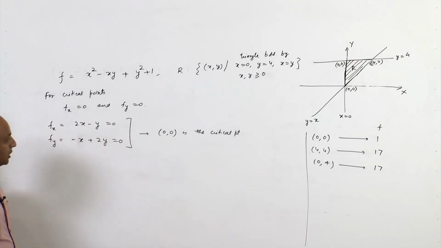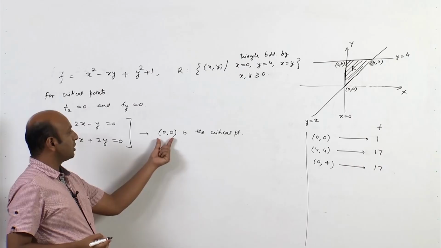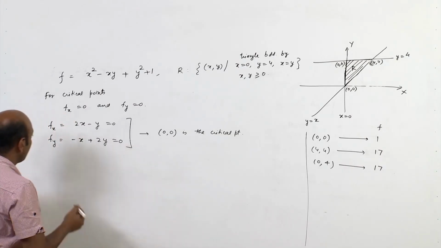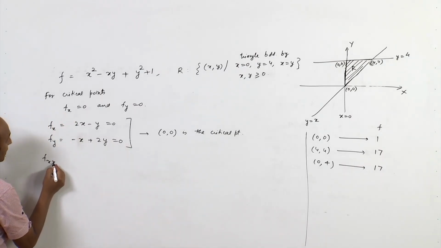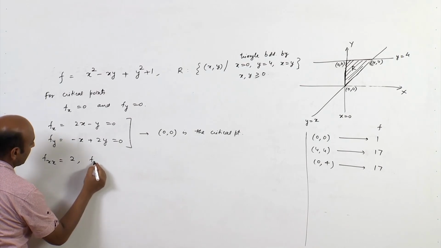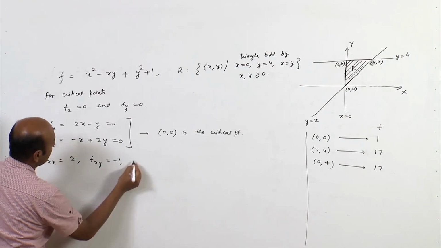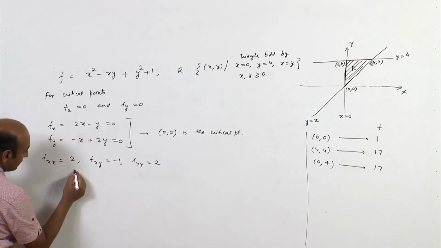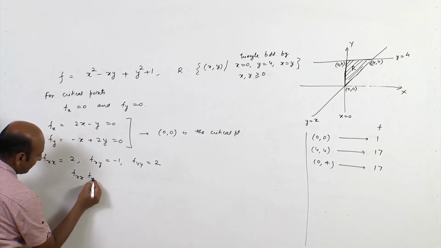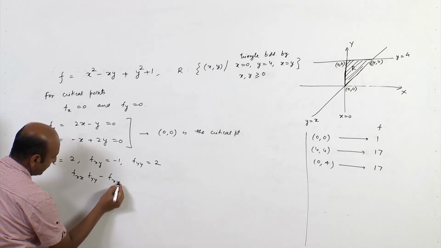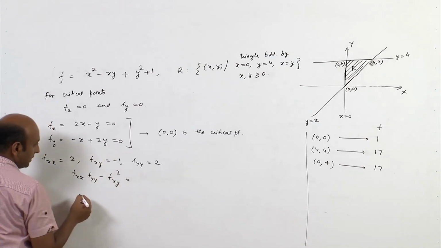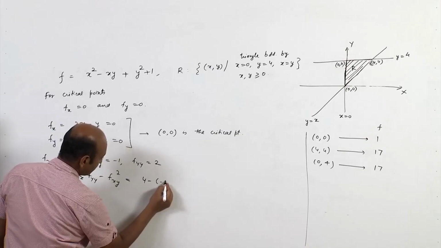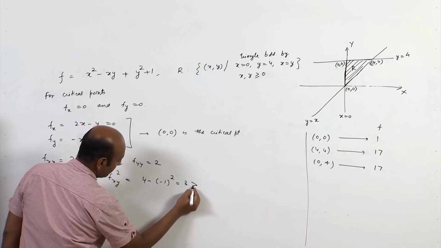Now, we have to find out the nature of this point. So, fxx is 2, fxy is minus 1 and fyy is again 2. So, fxx is positive and fxx into fyy minus fxy square is simply 4 minus minus 1 square, that is 3, which is again positive.